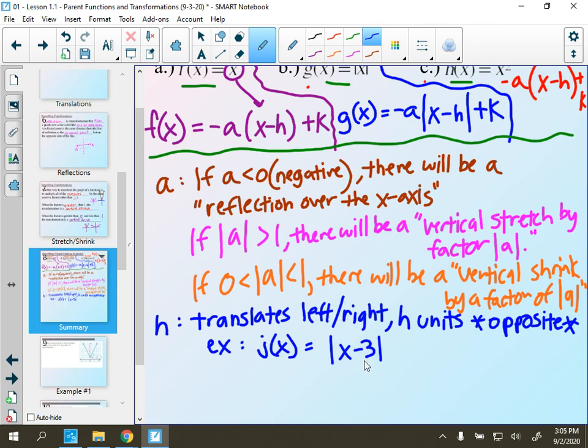So this is going to cause a shift of 3 units, but is it left or right? Intuitively, I think a lot of us would look at this and say, well, it's negative 3, that should be left. Negative 3 moves us left on a graph, but actually, what did we say? It's opposite. So as far as the actual transformation here, it's translated right 3 units.